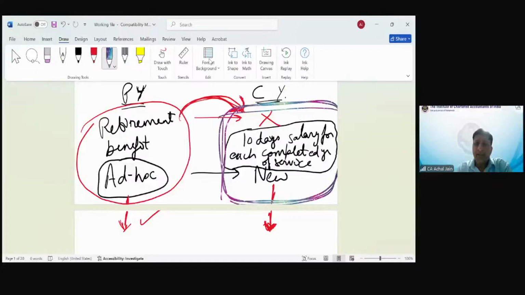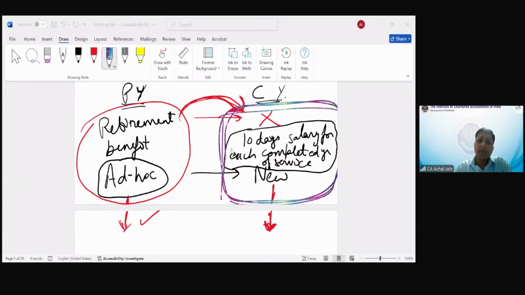Is it necessary? Is it a mandate? Tell me. Chandeep says no, it's not mandatory. Okay, clear on this?